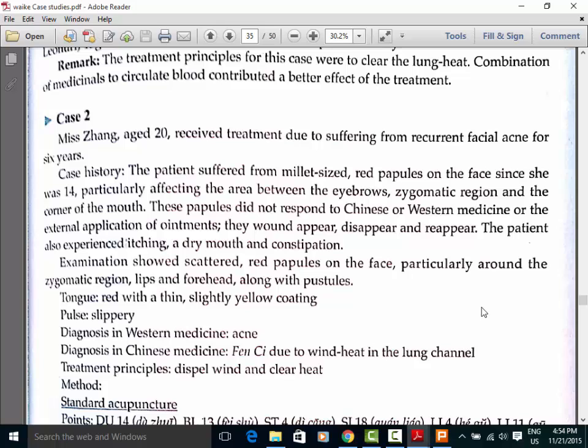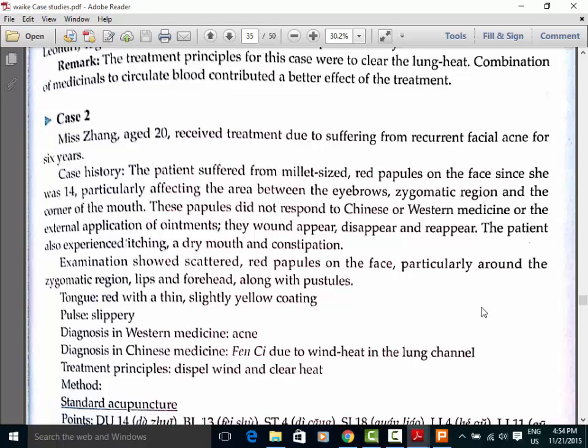So again, I asked the question: are there any symptoms of stomach and spleen? There is none. The pustules are pretty much always present in acne as a disease. So the slippery pulse is the only sign and symptom here.